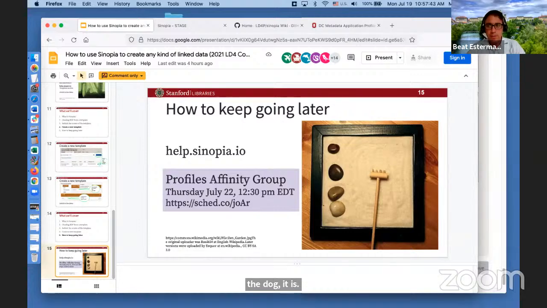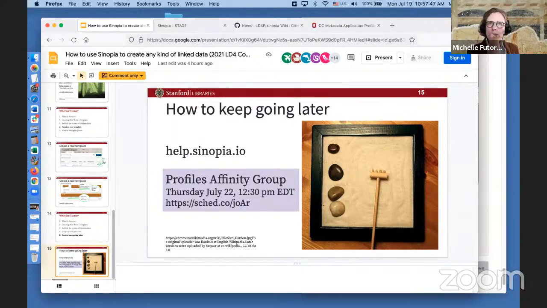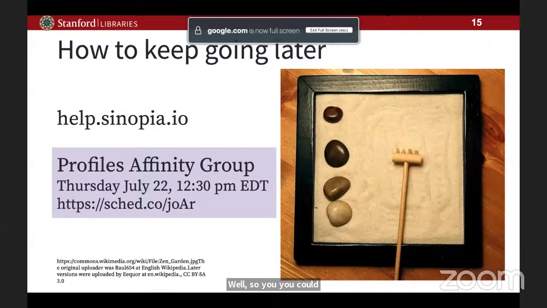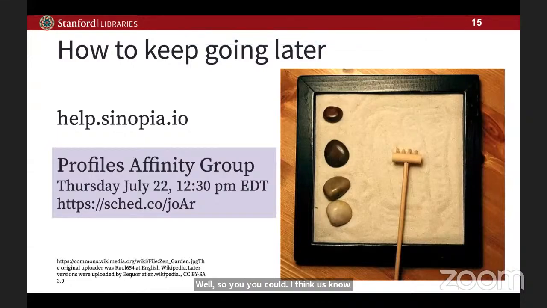Question from Tim Knight. I don't know, I don't quite understand. Maybe Jeremy, you can explain. Well, I think you could use nested templates to create what appears to be a hierarchy. But remember, if you're not familiar, linked data is a graph, and it's not really a hierarchy.